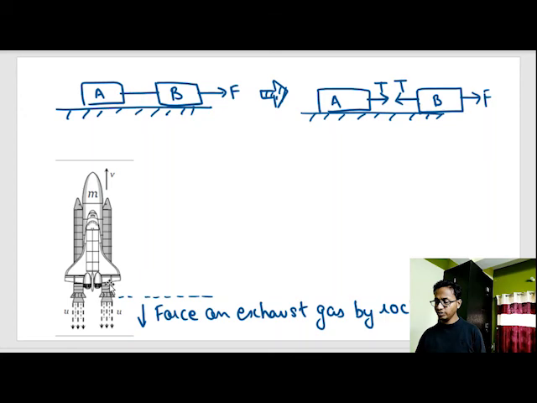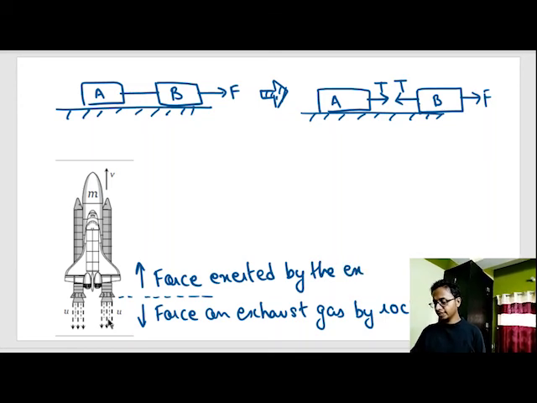Newton's law of motion says that the force with which this exhaust gas is being pushed out is equal to the force exerted by the exhaust gas on the rocket.